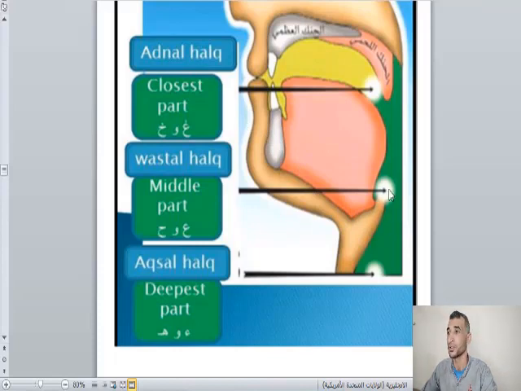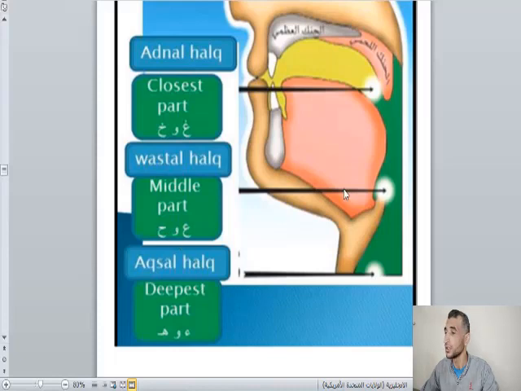Okay, so the letters hamza and ha come out from this part, which is the deepest part of the throat from the mouth. If you look here from the mouth, you should see that there is a far distance between this part and this part.